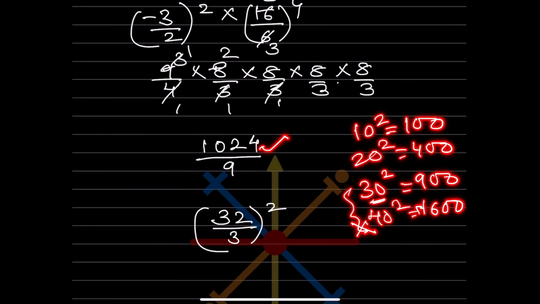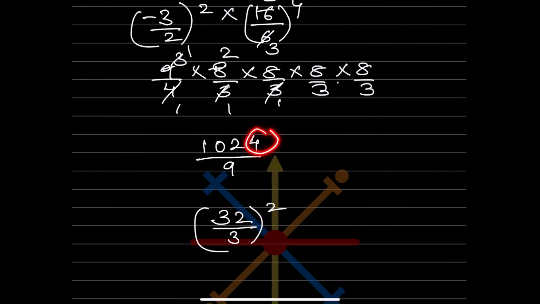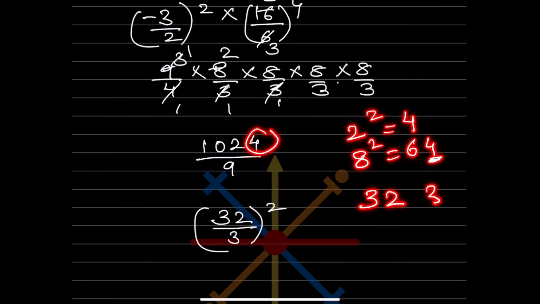So it will be somewhere in the 30s. Now in the 30s means, because that is 900, so now you can see the unit place digit. So where do we get 4? We get 2 square is 4, or we can get 8 square is 64. Here we get 4 in the unit place. So this number should be either 32 or it should be 38.